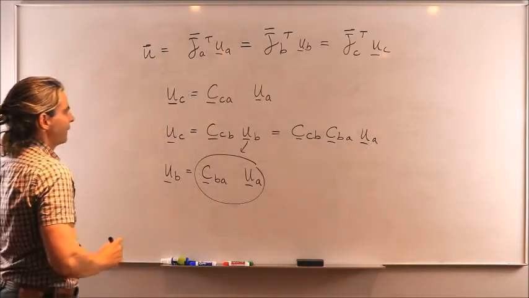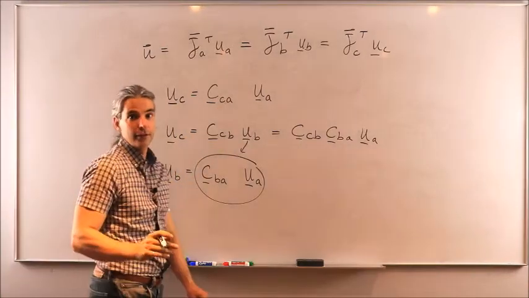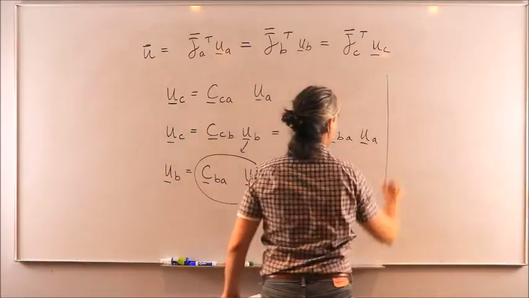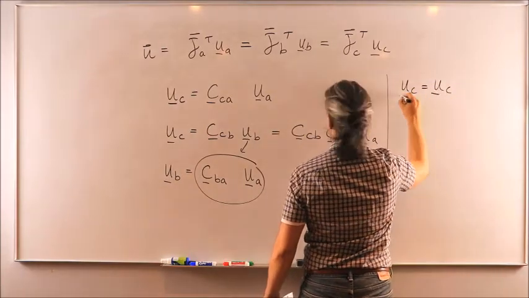All right? And now you have UC equal to this and UC equal to that. They better be equal to each other. Otherwise, we have a big problem. So we're going to say, okay, UC equal to UC.